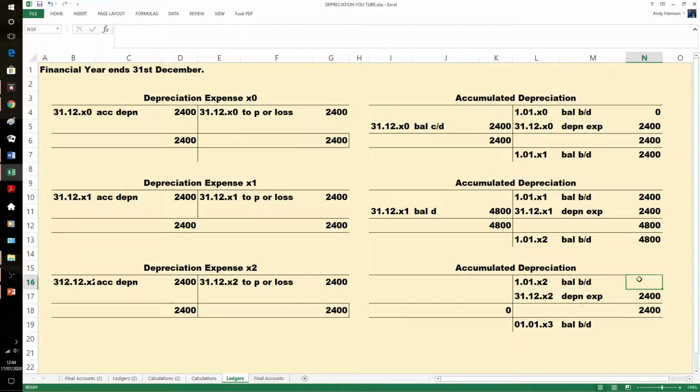I hadn't put the 4,800 in. And then you can see that one, just the amount going up, and the asset in our books will look lower. So let's have a look what it looks like in our final account.